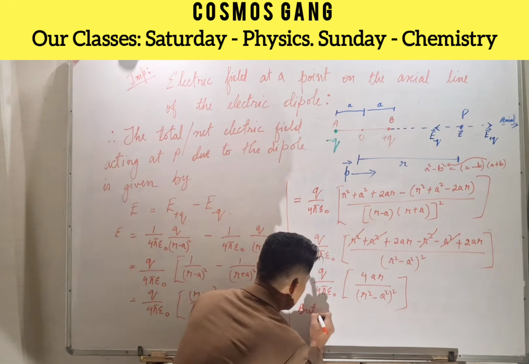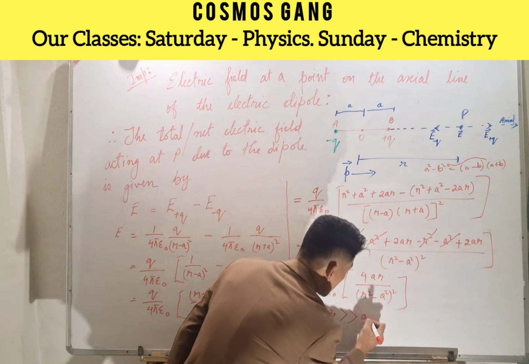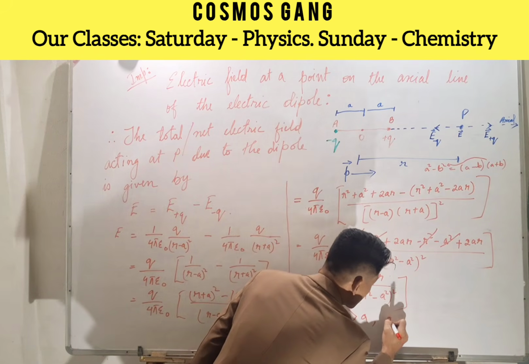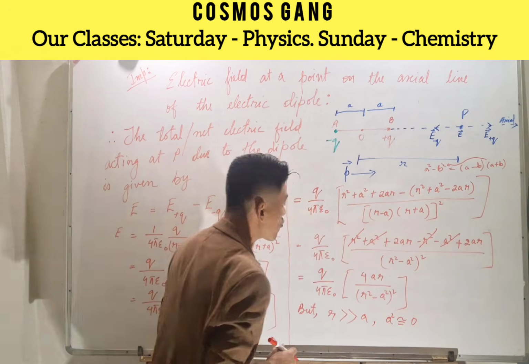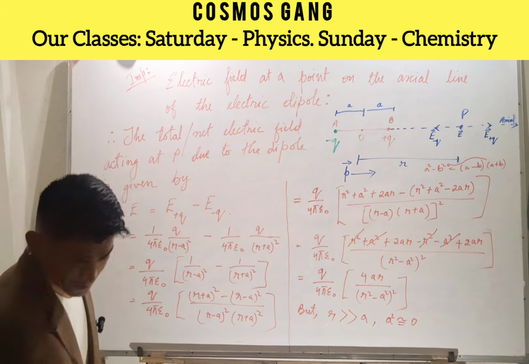R is much greater than A. So we can say that A square is equivalent to 0, or that A square is neglected.